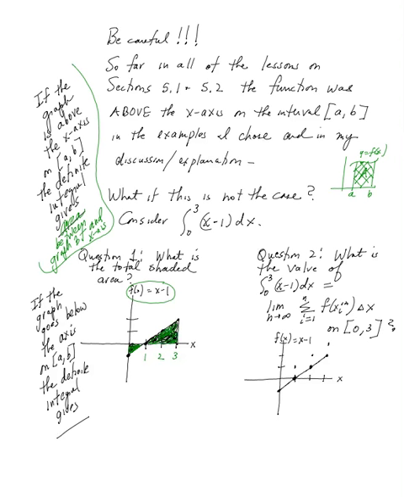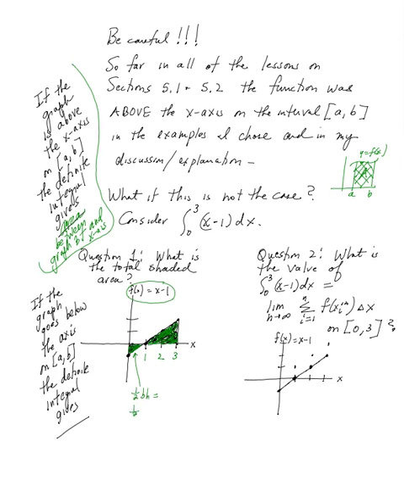That's one question. In that case, would I not just find the area of this triangle? Remember, area is always positive. Find the area of this other triangle, add them together. So let's just answer that question. What's the area of this triangle? Area of a triangle is 1/2 base times height. So that's 1/2.